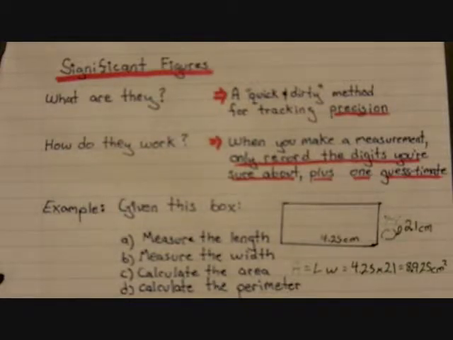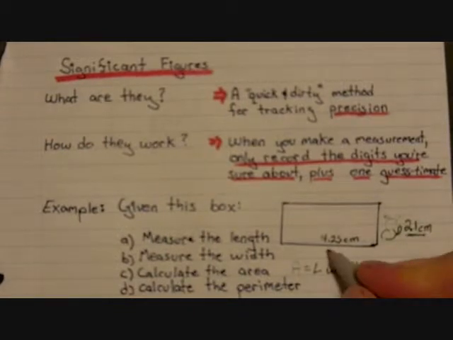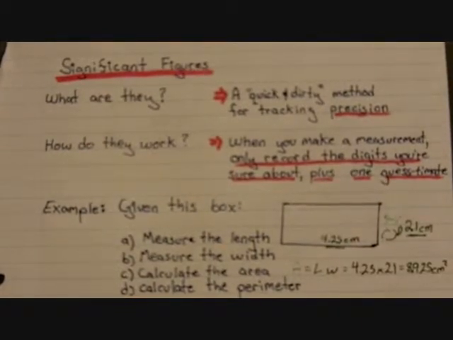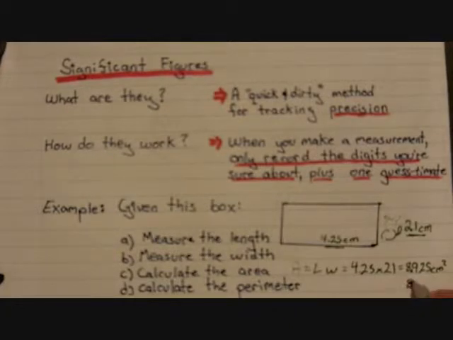So the rule we have here is we only keep the minimum number of sig figs from each of the numbers in our calculation. In this case, this one had 2 sig figs, the length had 3, so our answer should only have 2, which means we'll round it to 8.9 centimeters squared.